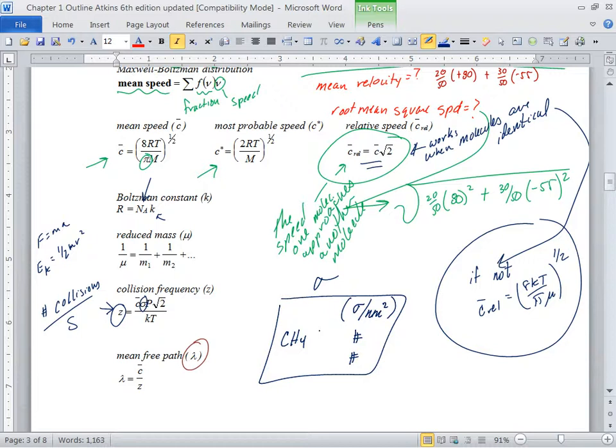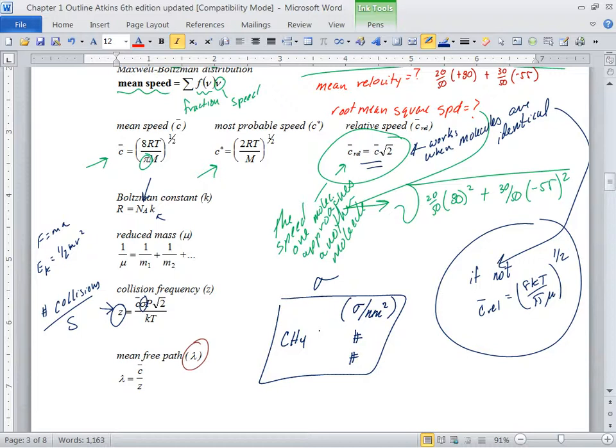So if you want to do a homework problem, calculate the collision frequency involving methane at room temperature or something like that, you have to look up the little sigma value. But can you plug this number directly into this expression? Has to be in meters squared. Now what's nano? Shelby, what's nano? Yeah, good. Nano's 10 to the negative 9, so you have to square that. So this needs to be meters squared.